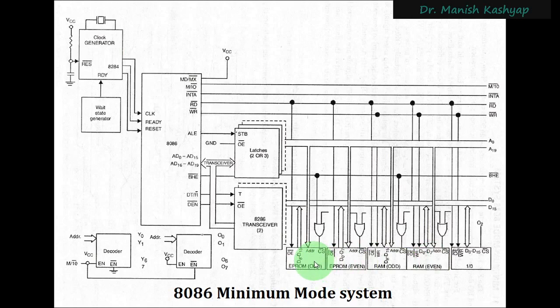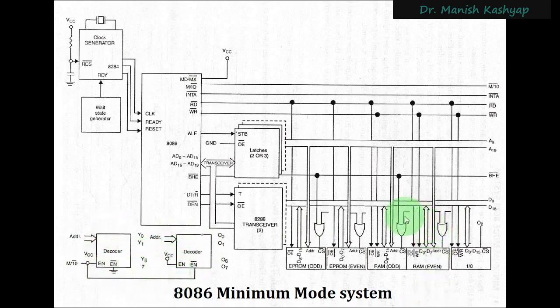We will study in a while how those chip select signals are generated, and accordingly the appropriate address lines will be used. Not the complete A0 to A19 lines will be used for every chip, but they are connected to every chip. It will all depend upon the chip select signal, which you see here as CS bar, and you can see that inside the chip select signal there is an empty wire. This empty wire will be used with this particular logic. I will discuss that in a while.